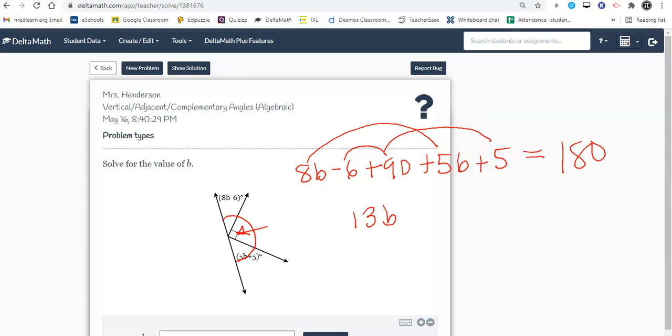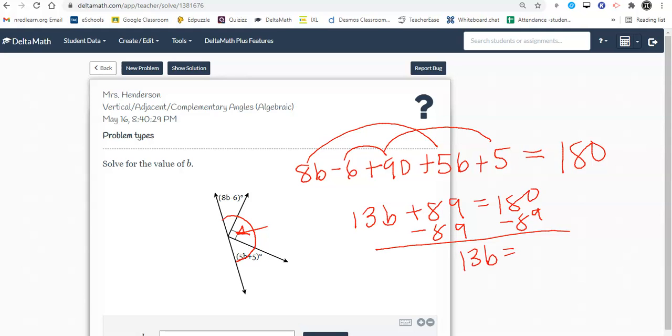Use your calculator if you need to. Now I'm going to use my algebraic properties here. Subtraction property of equality. 13b is equal to 100 minus 9, which is 91. Divide by 13, which I actually don't know.